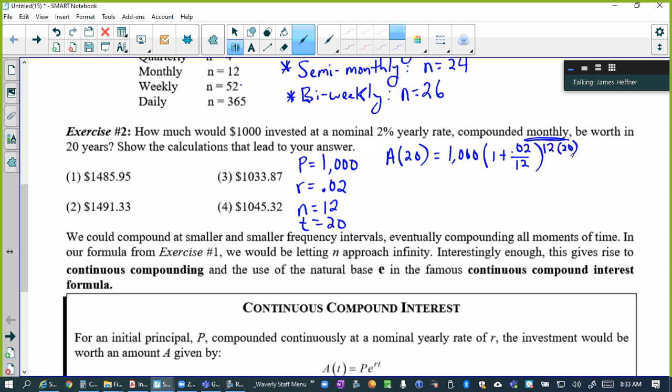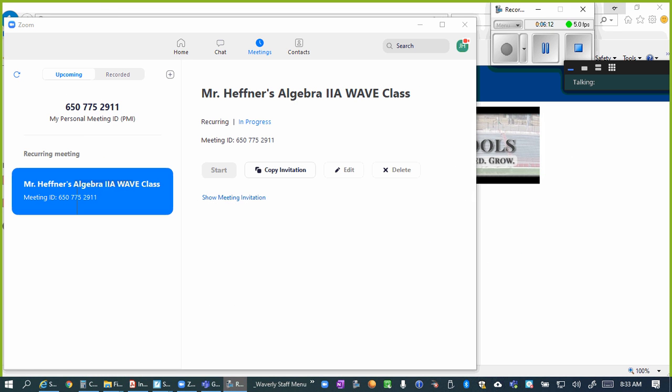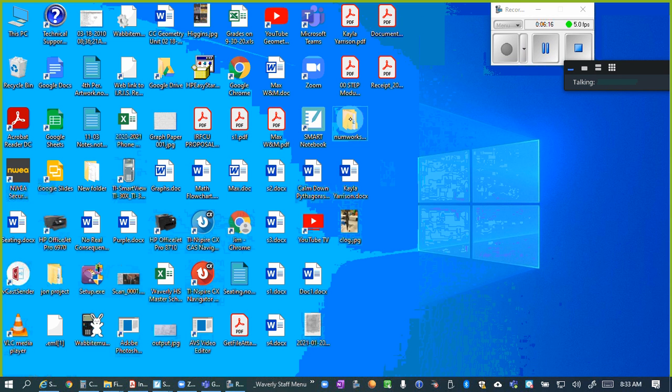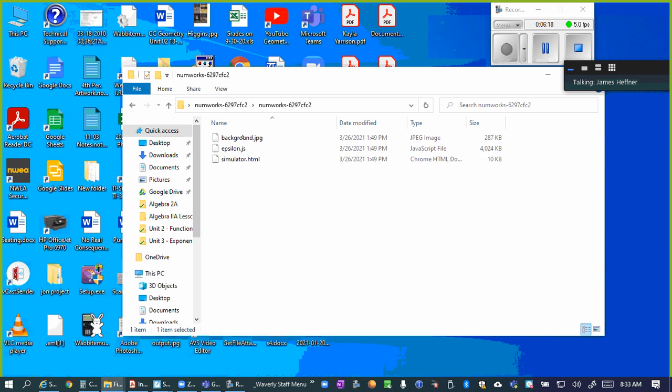Well, let's simplify this a little bit here. Let's do the 0.02 divided by 12. Let me get that other calculator up here. Hang on one second. Hopefully you guys are getting this thing to work. You might as well use it.